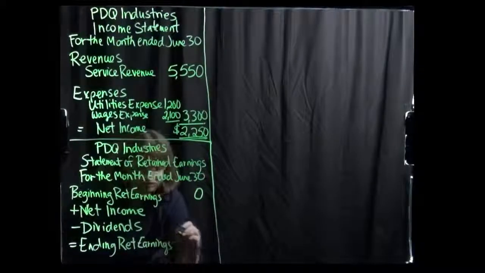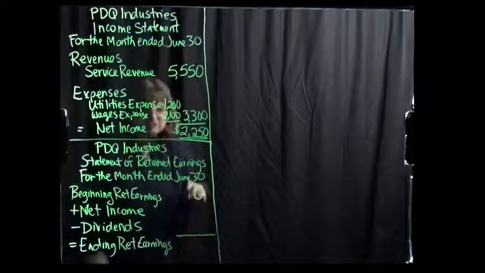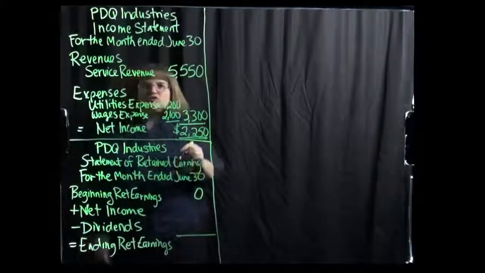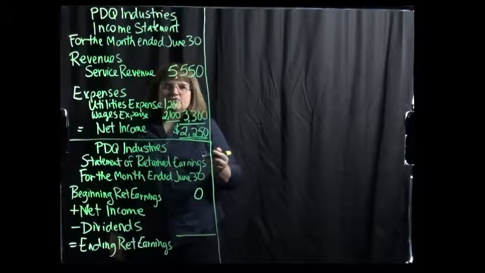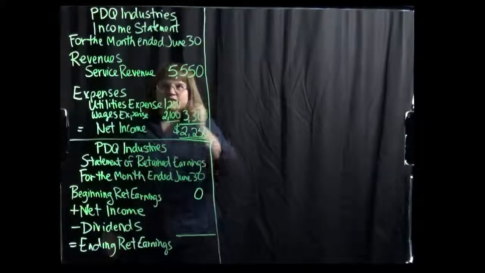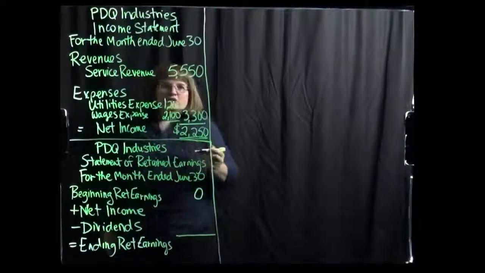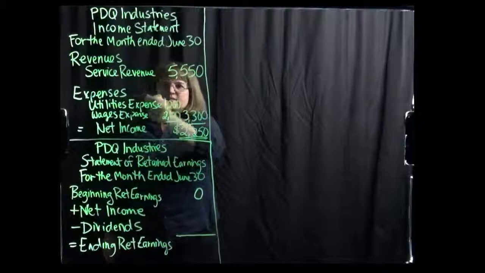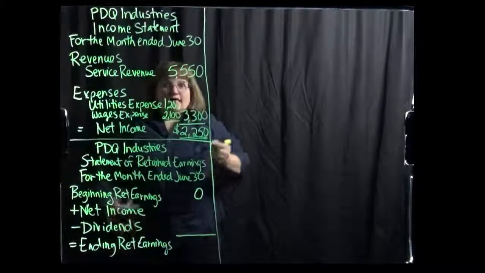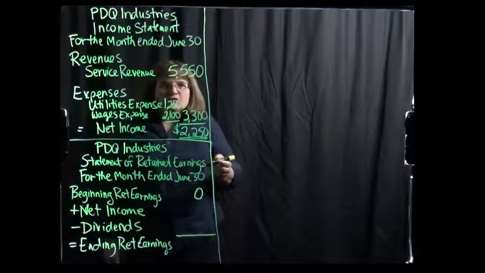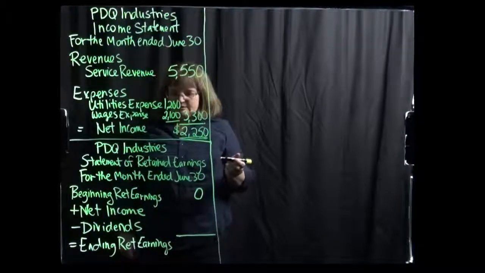That's the structure of the statement of retained earnings. So basically that's an equation that you want to memorize. You want to be able to use it backwards, forwards, and upside down. Same way as with our income statement, we use the equation revenues minus expenses equals net income. Again, know it backwards, forwards, and upside down. You'll need to use it many times.